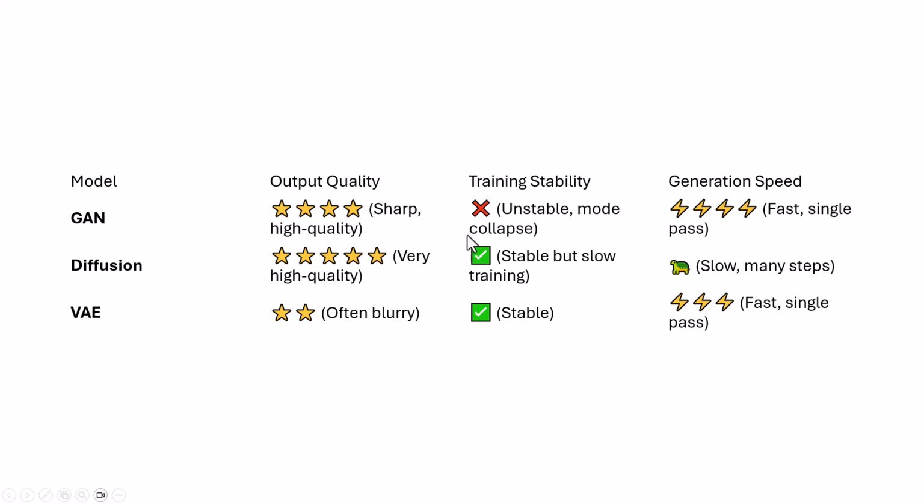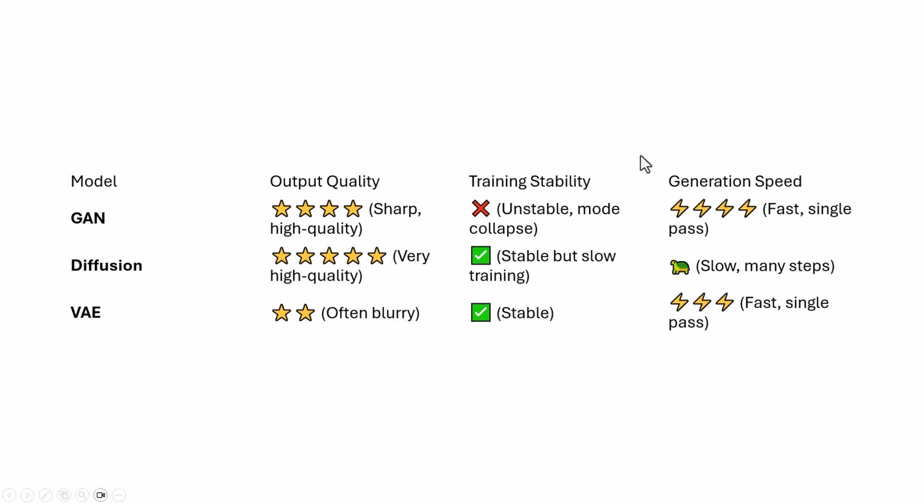They might go through mode collapse, which means that your model might generate similar things over and over. Okay? But diffusion and VAE are very stable. Especially VAEs are really easy and very stable to train. Okay, but the problem there is the output quality.